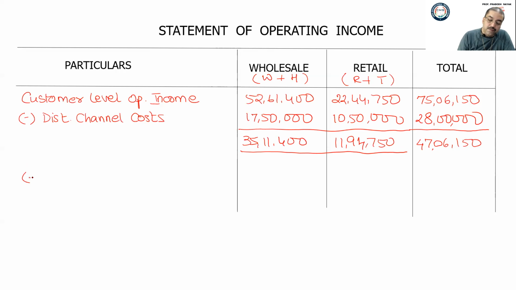Less from the total now, corporate sustaining cost, to be deducted only from the last column. 12,50,000.